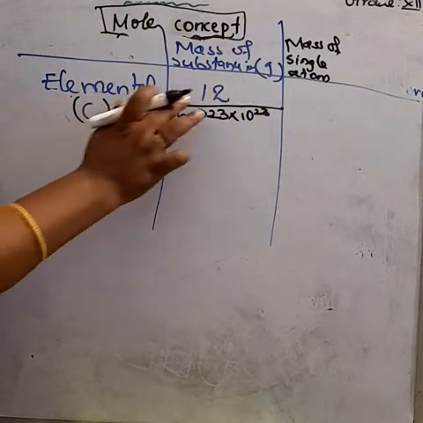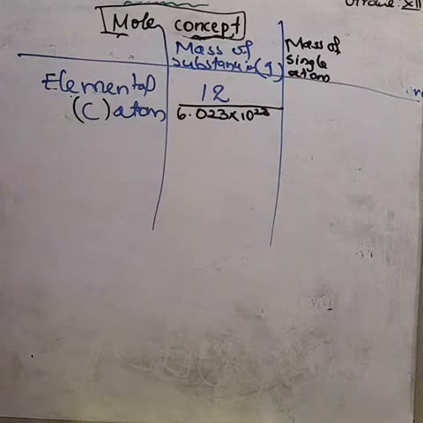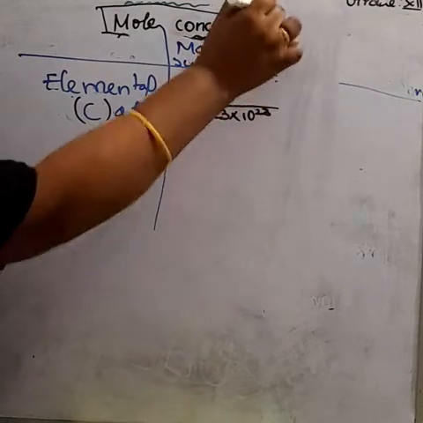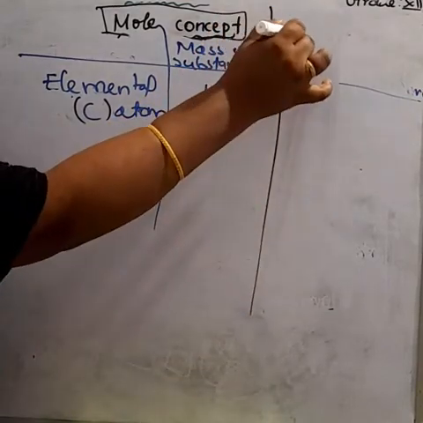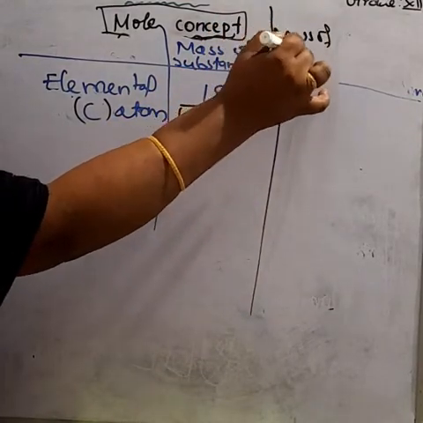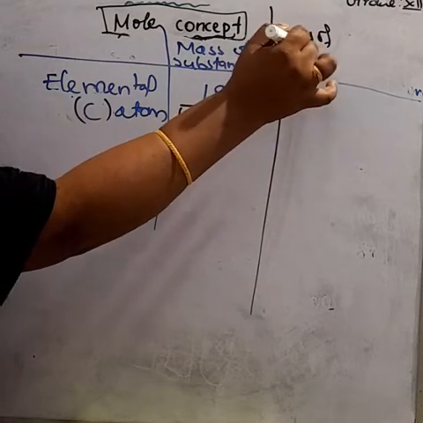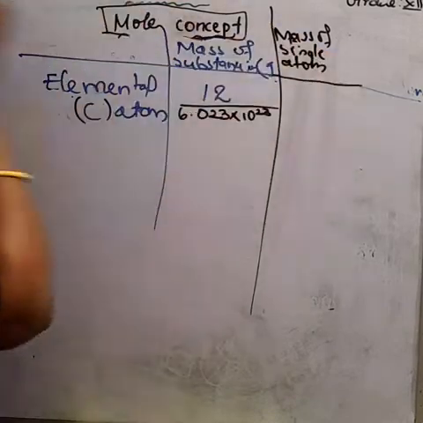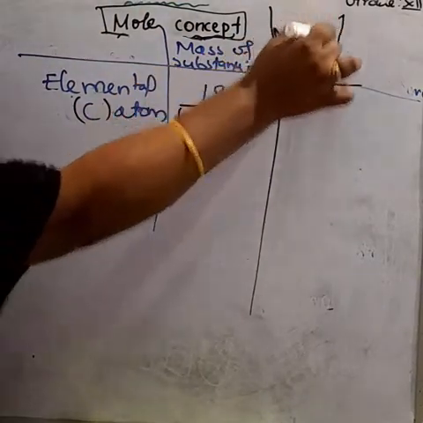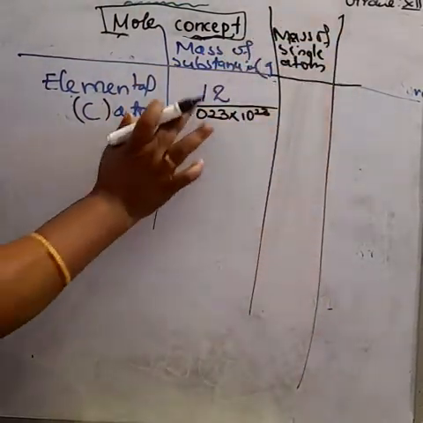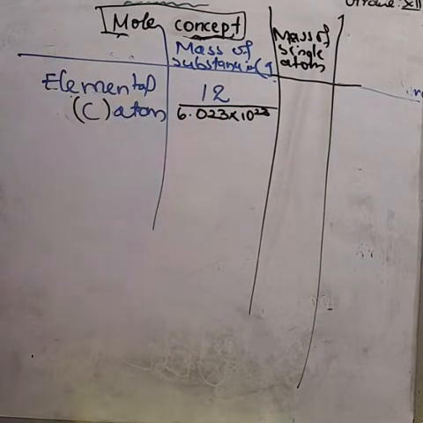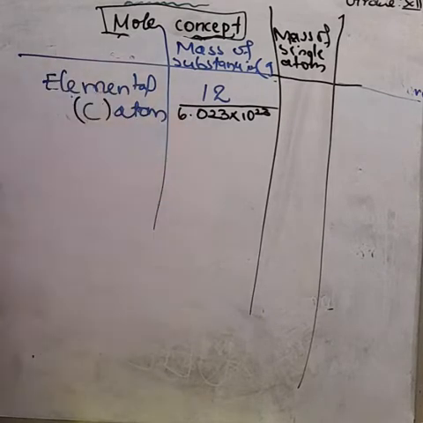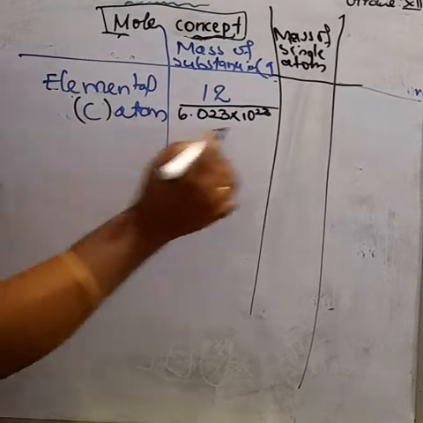For that, we divide 12 by the total number of atoms, 6.023 into 10 power 23. So to get the mass of a single atom, we divide the whole gram by the total number of atoms.